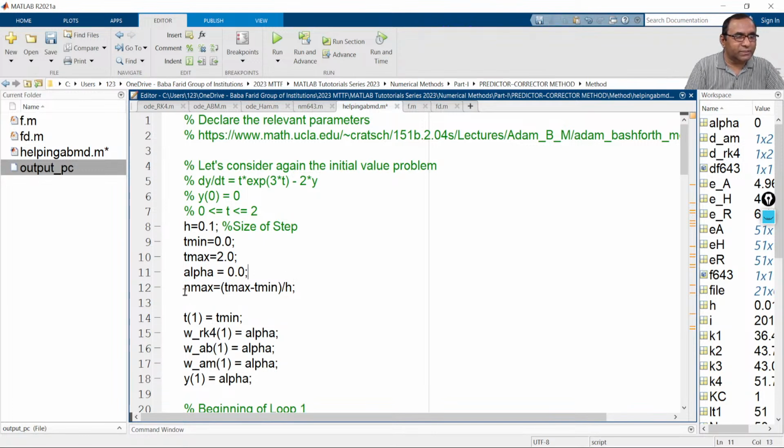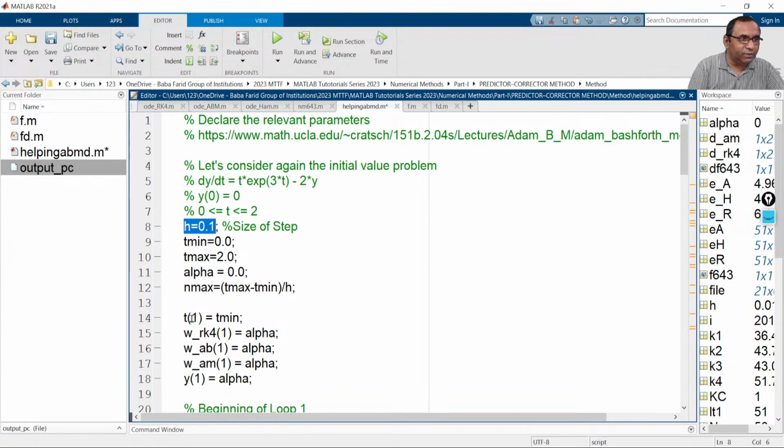And N is the number of maximum iterations which are required. This will give us the number of iterations: T max minus T minimum upon h, where this is the h value. So from this we can easily get the number of maximum iterations required for our simplification.